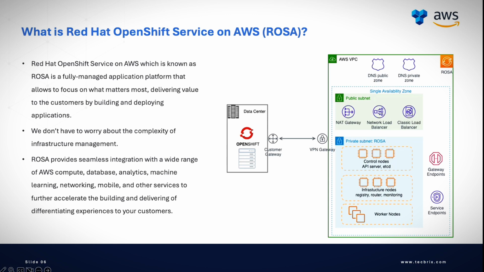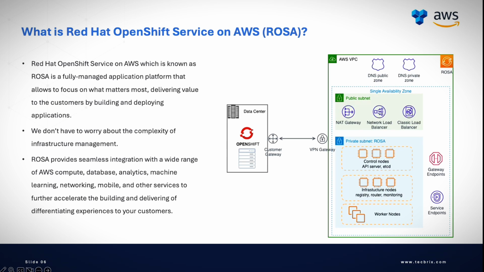First of all, I will try to define ROSA, and then I will go into details of what ROSA capabilities are, what you can achieve with the help of ROSA, and how we at TecBrix can help you define your business processes in a better way. Okay, so I will start from ROSA first.